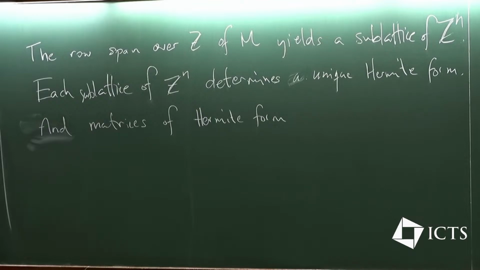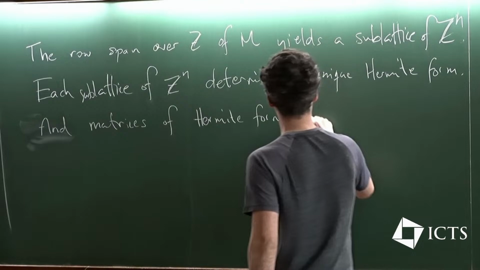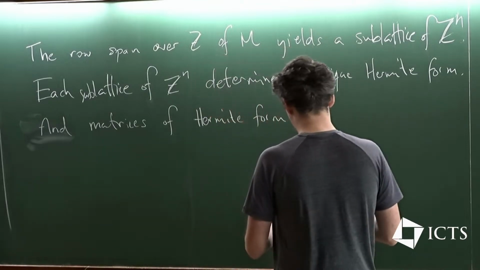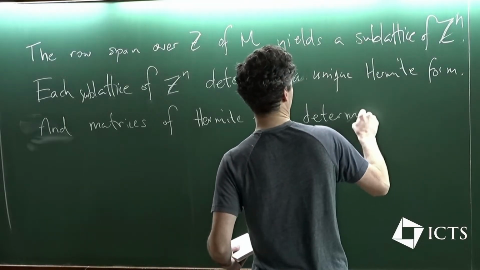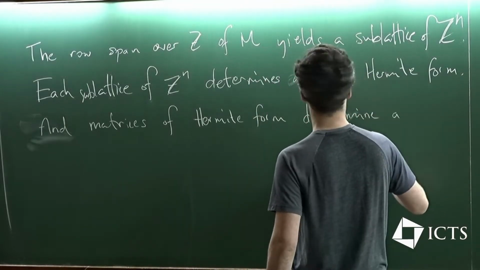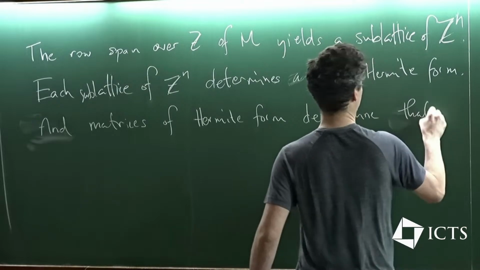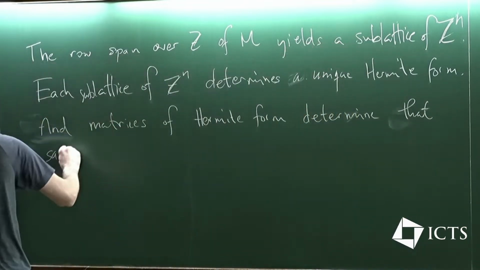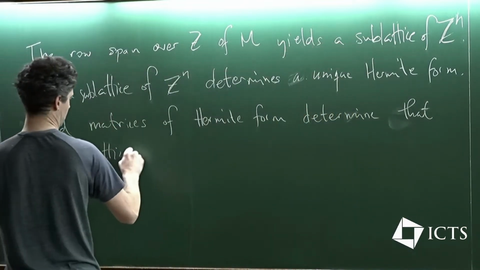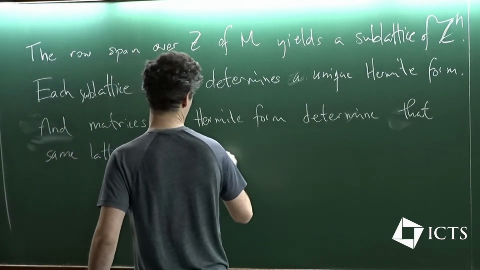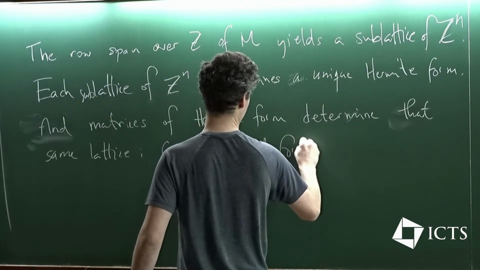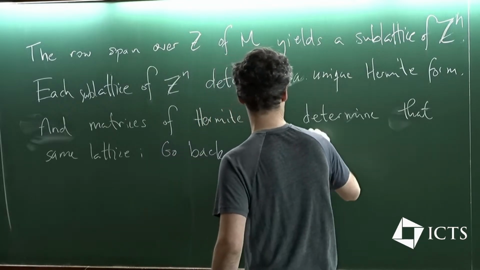I don't have a capital M to talk about here. Any matrix of this Hermite form determines a lattice, of course. Determines that same lattice. In other words, you can go back and forth.